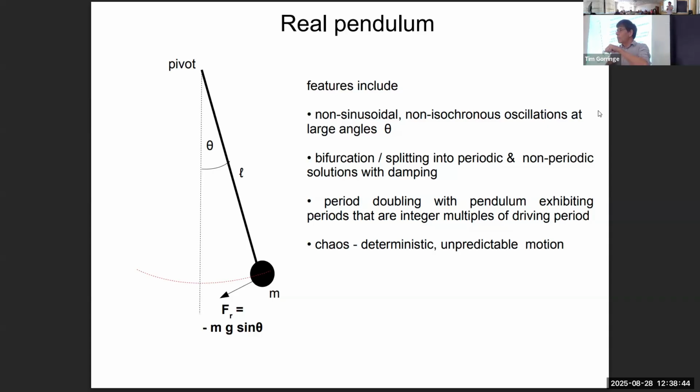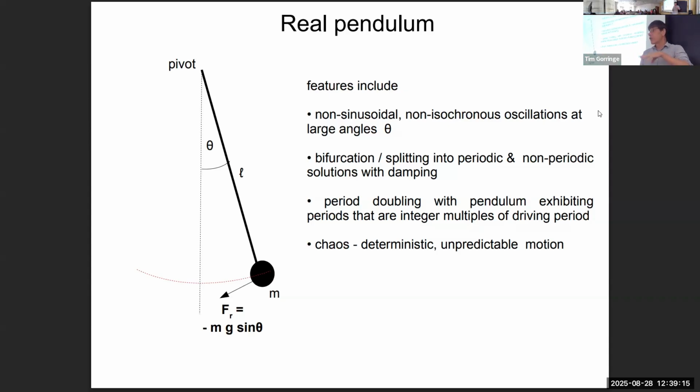So if you drive your pendulum, if you push the swing with a certain period driving force, you can get period doubling, which is the appearance of not only that frequency in the motion of the pendulum, but double that frequency, or double that period, or 4 times that period in the motion of the pendulum.